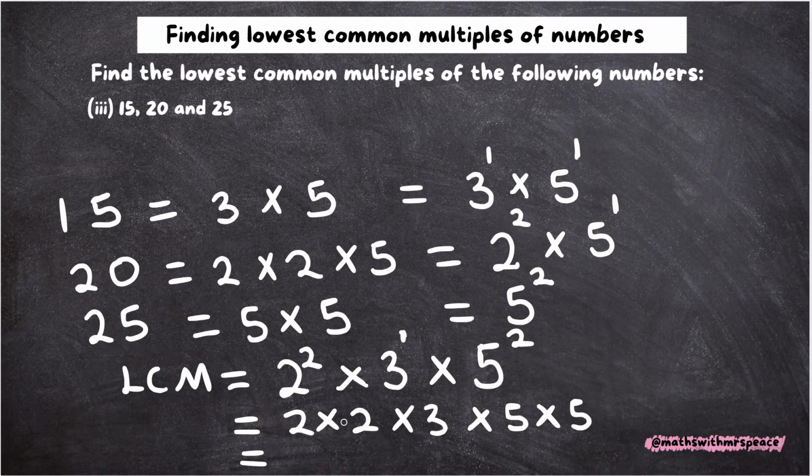We say 2 times 2 is 4. 4 times 3 is 12. 12 times 5 is 60. And 60 times 5 will give us 300. So it means that the LCM of 15, 20, and 25 will give us 300.